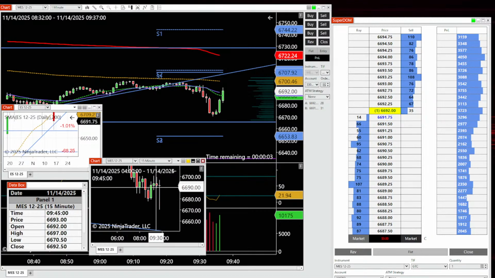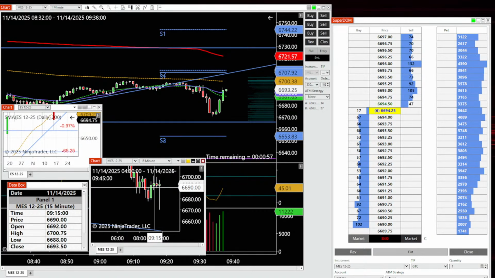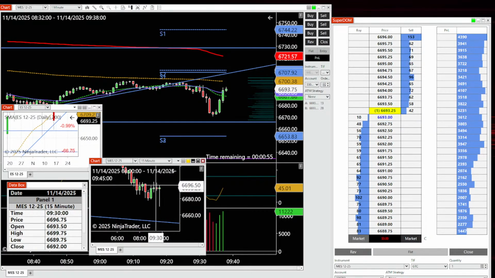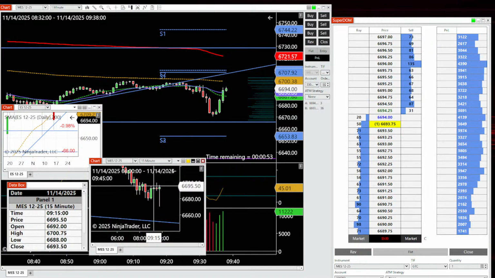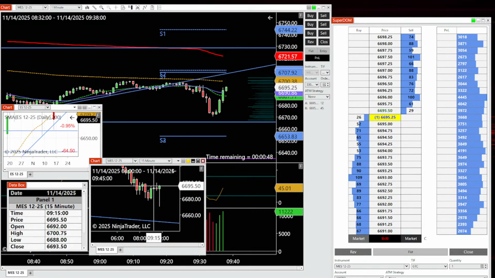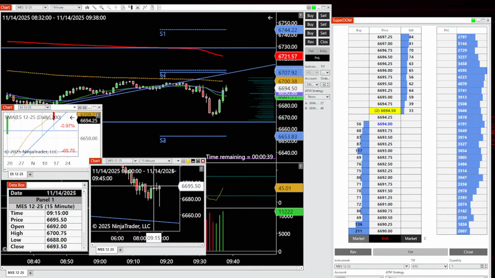Let's see if we get out of this area of 93. I'm gonna get back up into this 6700. I don't want to be on the side of getting squeezed.